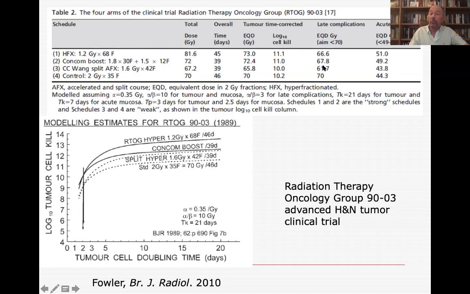So you give a lower dose using this fractionation scheme compared to this one. The clinical trial is done to measure this, but you have to keep in mind that, depending on the tumor cell doubling time, this is as a function of the tumor cell doubling time, assuming a Tk of 21 days, an alpha of 0.35 per gray and an alpha/beta of 10 gray for the tumor, you have different response, different TCP expected. This is the logarithm of the tumor cell kill.